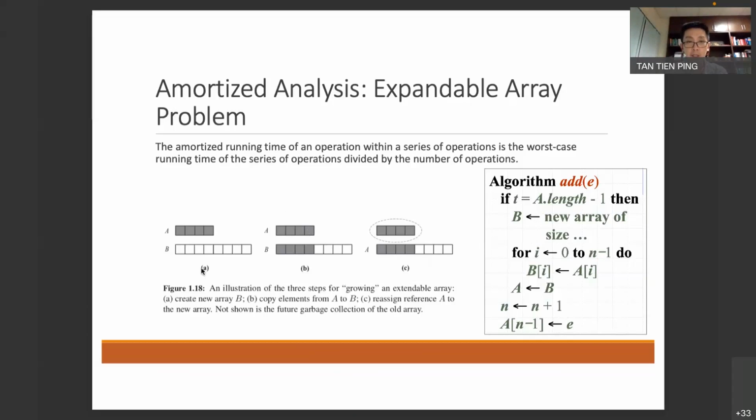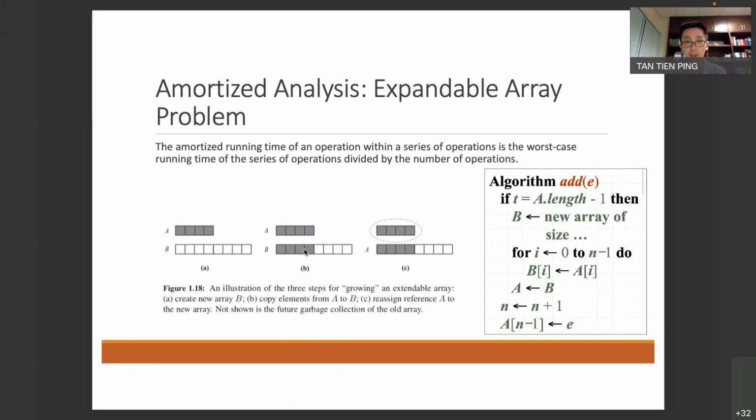Okay, so in this figure, we have an example of how we could expand the array. If you look at the figures, we have A, grayed out, meaning it is already filled. So we create another array B, twice the size of array A. Then we copy the items from array A to array B. After that, we dereference.